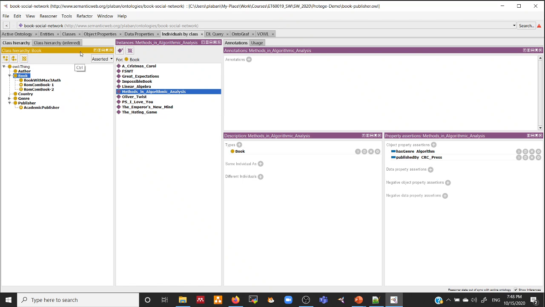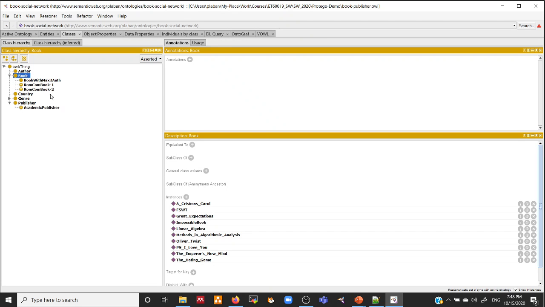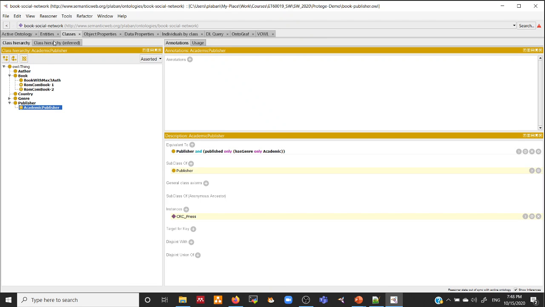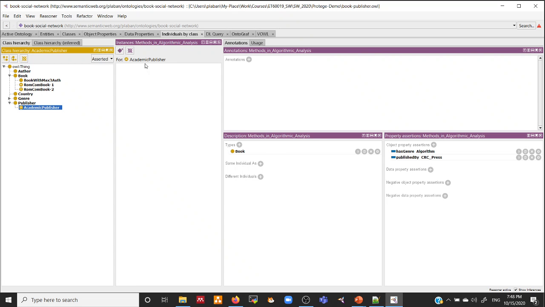Now with this, let us try to run the reasoner and see whether we have this CRC in our instance, to be the instance of academic publisher. We don't see that, right? And again, you see this problem of open world assumption coming into picture. And in order to circumvent that, we need to impose the closure axiom to the respective places.